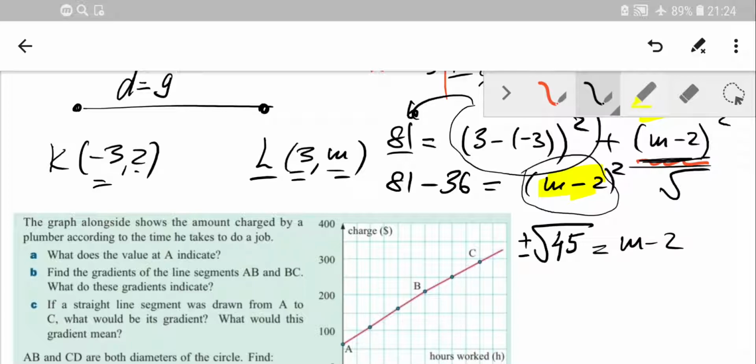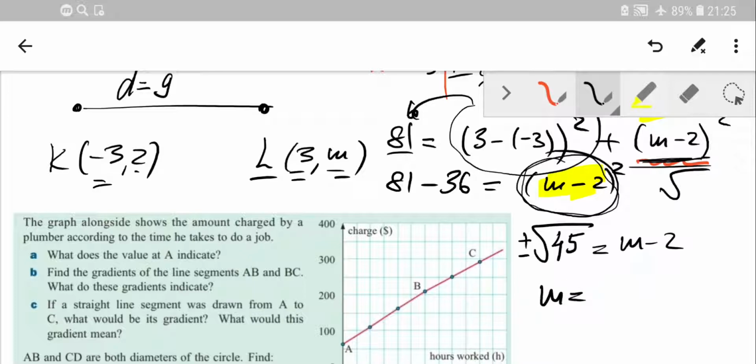Why plus minus? Because when a value is negative and it's squared, it also gives you a positive value. So we need to take into account two signs. By the way, quadratic equations should have two solutions, and that's why we use plus or minus. That basically means that we have two solutions for m.